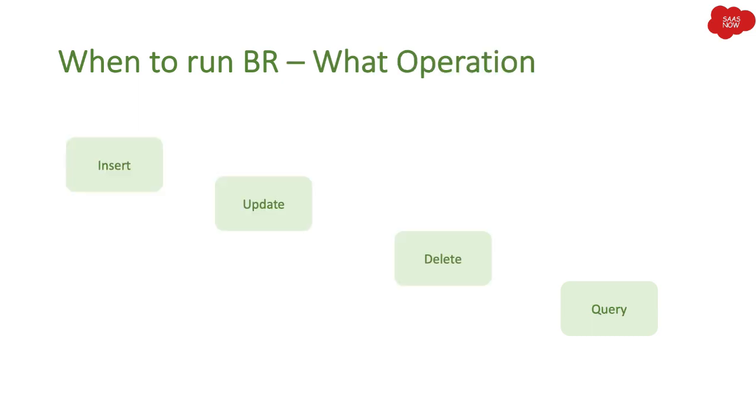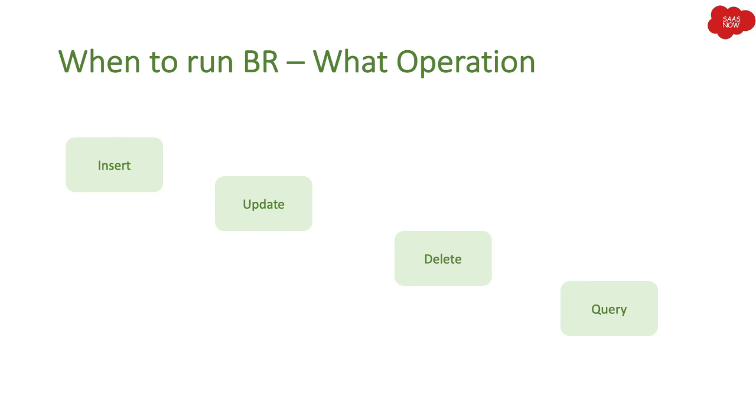What operation? So as we learned, you decide when to run a business rule as per the timings: before, after, async, or display business rule. But you also need to decide in what operation that business rule will run, meaning what kind of operation the user is taking.